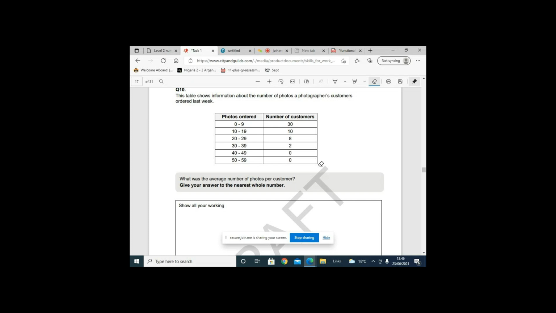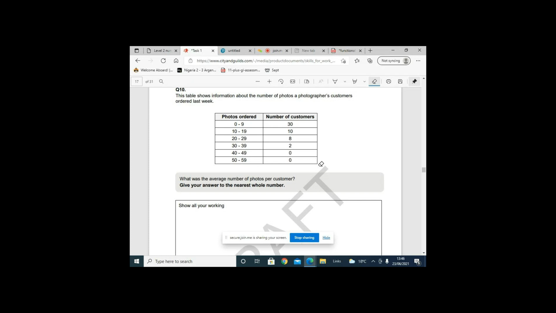That's going to be 24.5. Then we have 69 divided by 2, so 34.5, times 2, that's 69.